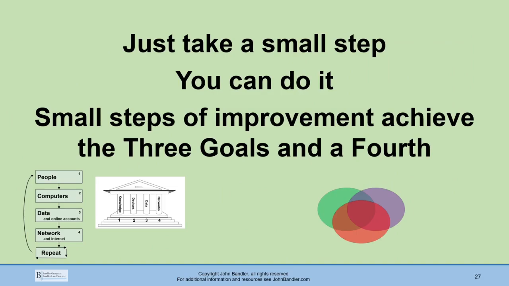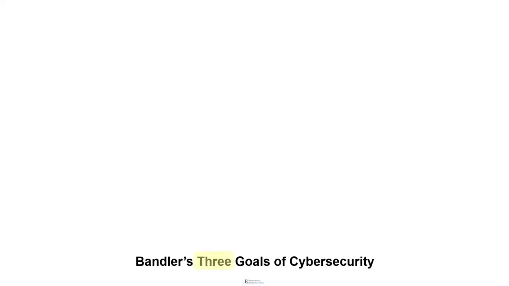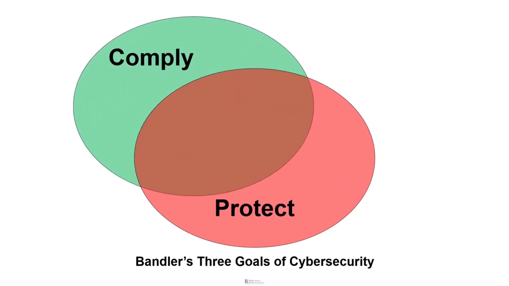And I'm going to talk quick about my 3 goals and then the 4th. As we do cybersecurity, think of my 3 goals of it. First is to protect from cybercrime and other disasters. Also to comply with legal requirements. Yes, there are laws that mandate reasonable cybersecurity.